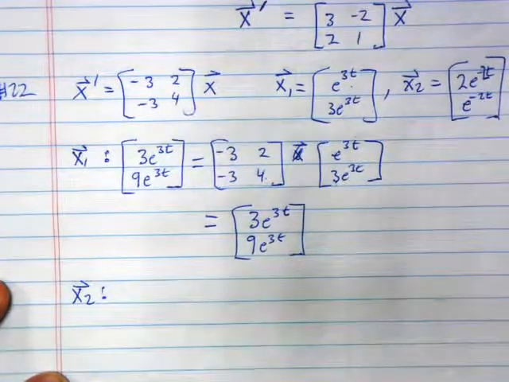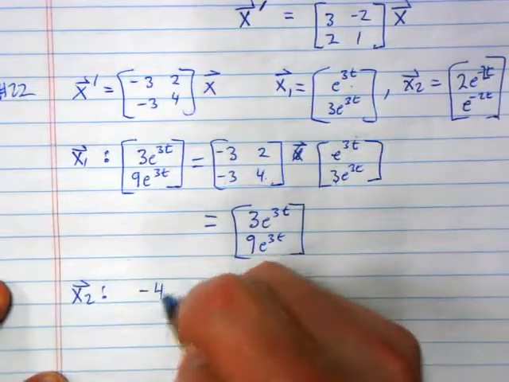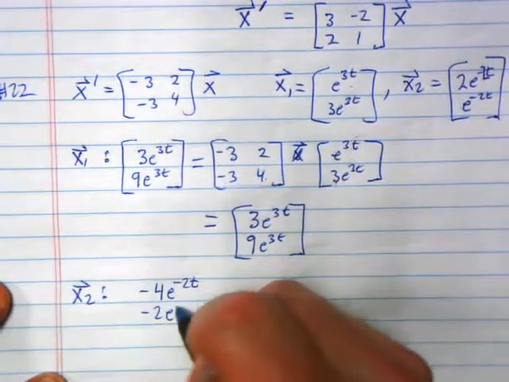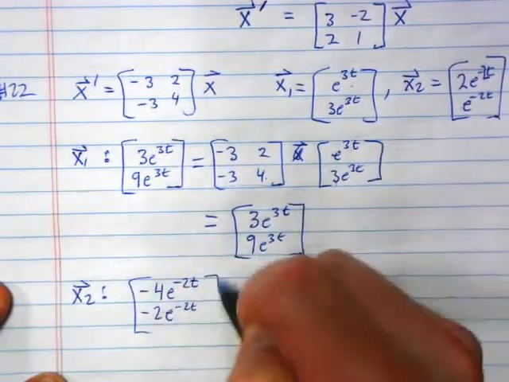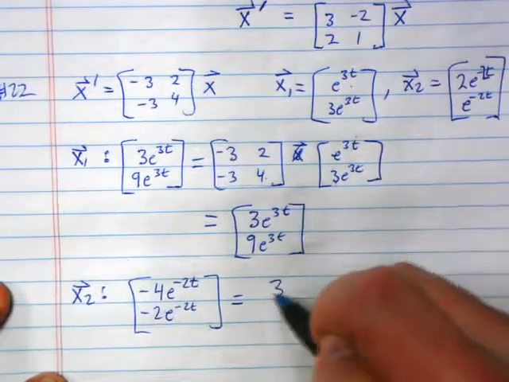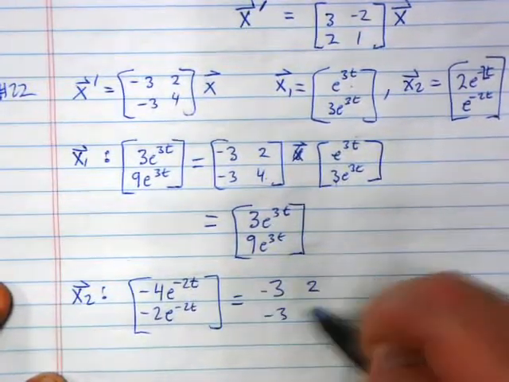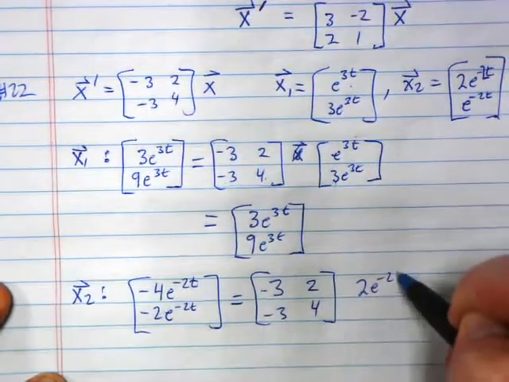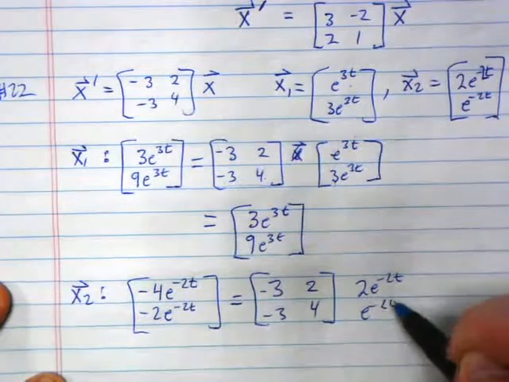Do the exact same thing with x2. For x2, I'm going to have negative 4 e to the negative 2t and negative 2 e to the negative 2t equals negative 3, 2, negative 3, 4 times 2 e to the negative 2t, e to the negative 2t.